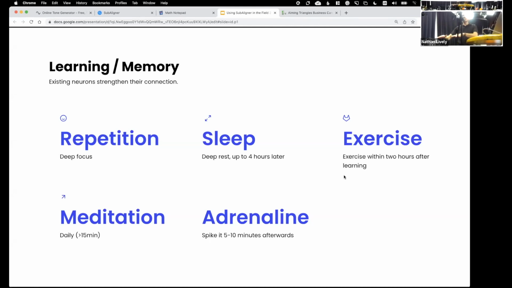You do like deep focused repetition. And then afterwards, you do something to spike your adrenaline. So, there could be pharmacological ways, drugs, caffeine, but you could also just go for a run, take a cold shower, something like that. So hopefully this helps everyone in their attempts to learn more stuff related to audio.